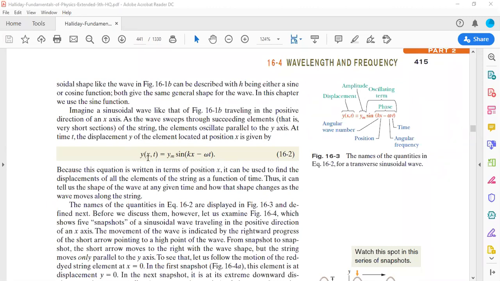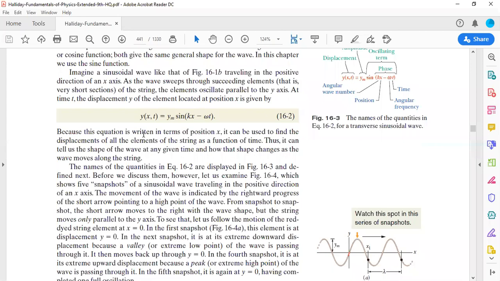It is simultaneously a function of displacement and time. Earlier, we have always seen such equations as a function of either displacement or time. But this equation is simultaneously a function of displacement and time. And on the right side, there are both displacement and time as well as frequency and amplitude. Everything is here.